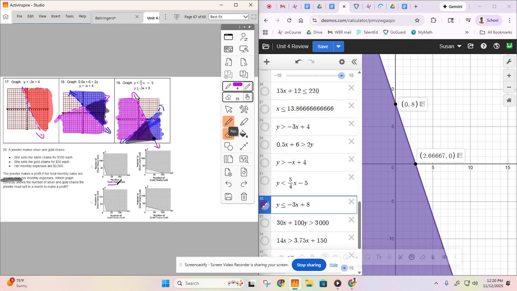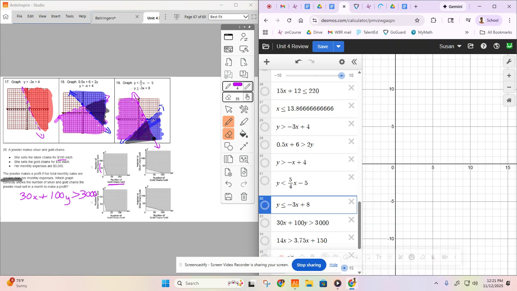I can see that X is talking about the gold chains. Gold chains are $30, so 30X plus $100 for the silver chains. Silver is the Y value, so 100Y. And this amount has to be greater than $3,000 for her to make a profit.